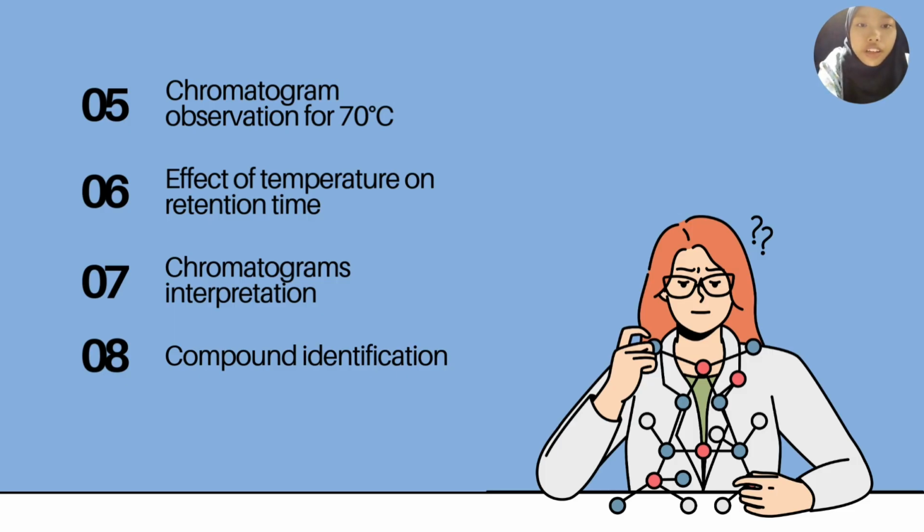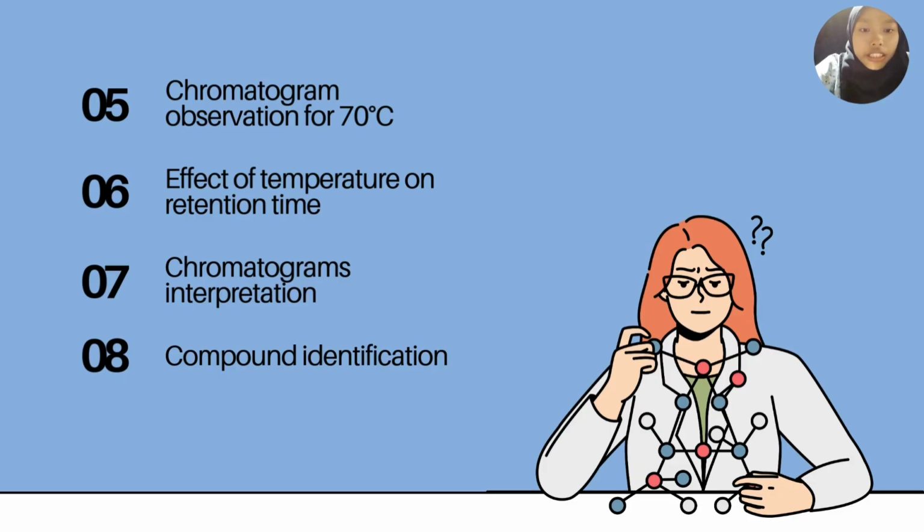Sixth is the effect of temperature on retention time, where increasing temperature results in shorter retention times, and different oven temperatures produce different chromatogram patterns and peaks. For chromatogram interpretation, the standard mixture at 70 shows longer retention time and has two distinct peaks, where the presence of two peaks indicates two different compounds in the standard mixture.